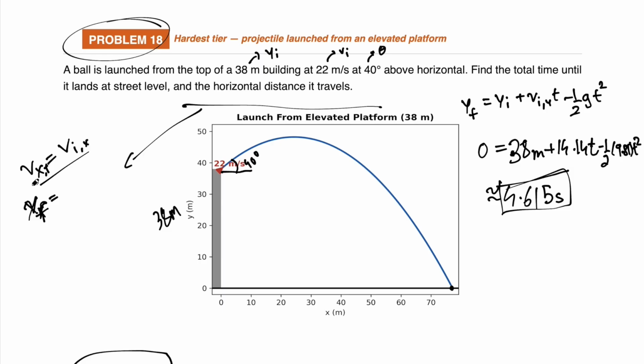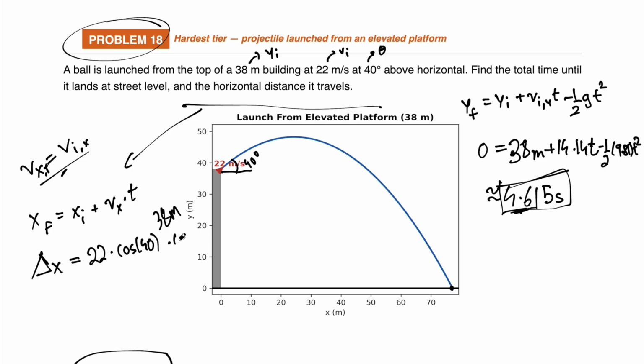So x final is equal to x initial plus Vx times t. There's no initial or final needed here because they're both the same. So delta x is equal to Vx times t, where Vx is just going to be 22 times cosine of 40 degrees times, this time over here, 4.615.